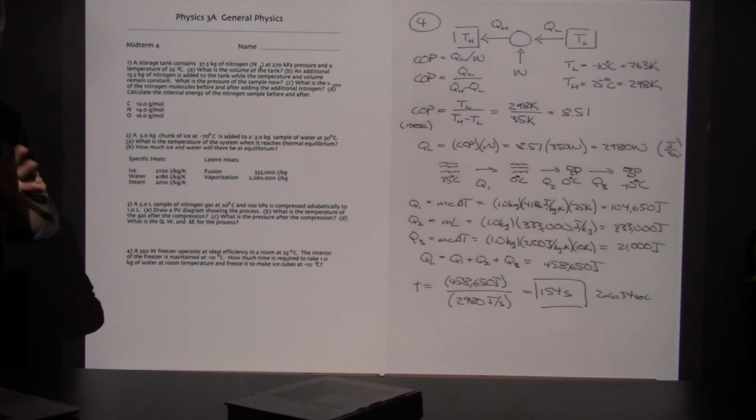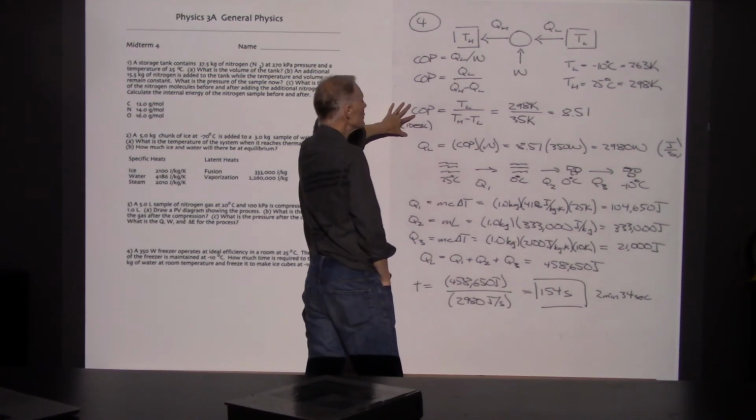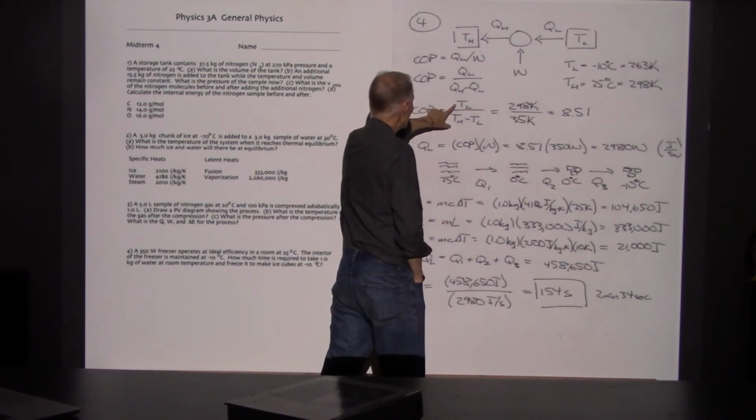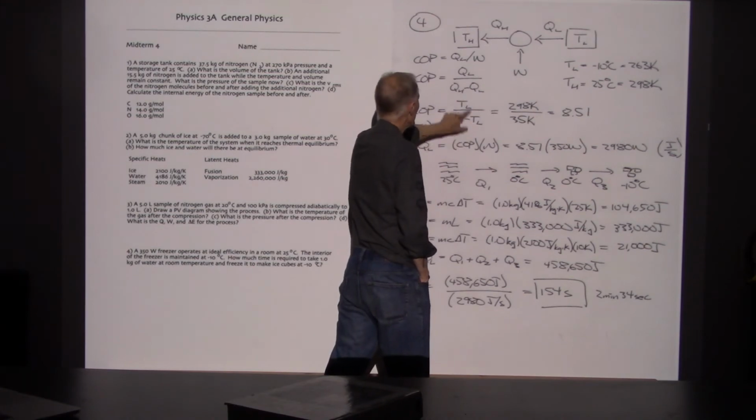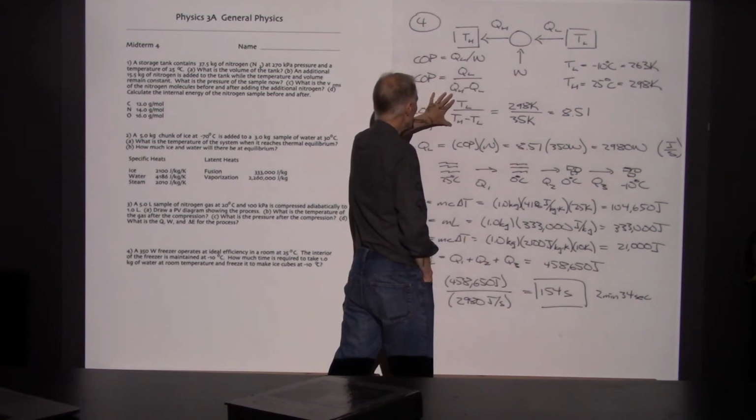We're not going to get to those ideal numbers, but at least ideally the COP could be as high as TL over TH minus TL. So these formulas look the same, except I replaced the Q's with temperatures.